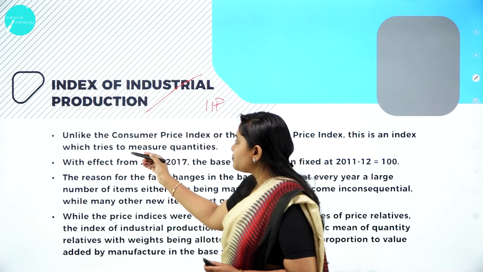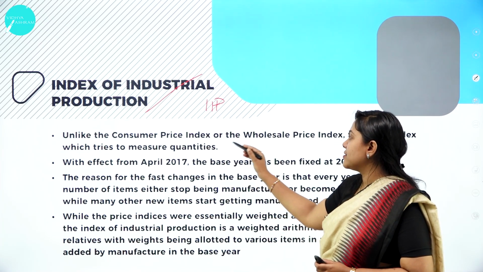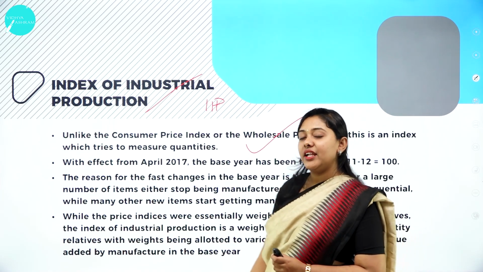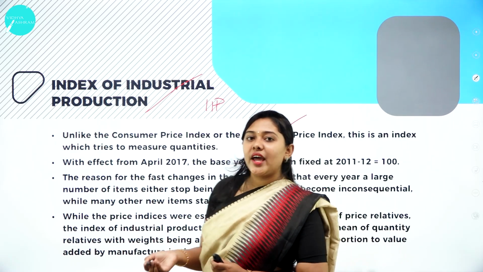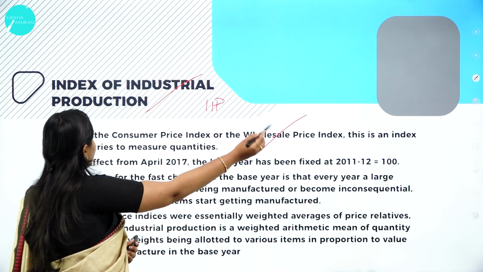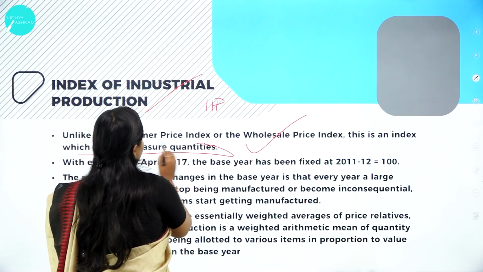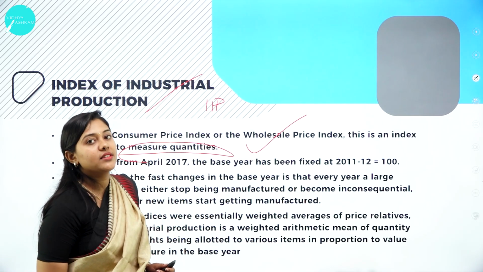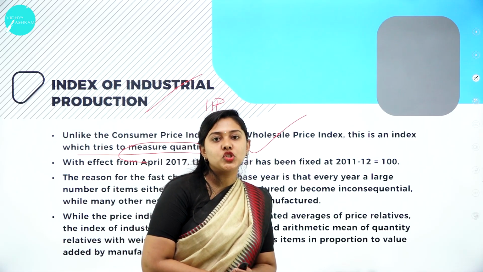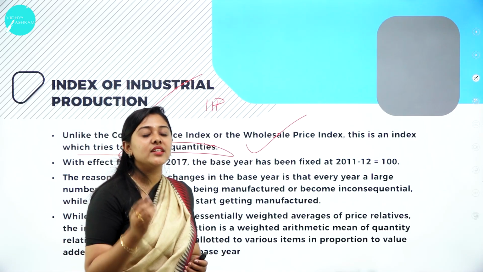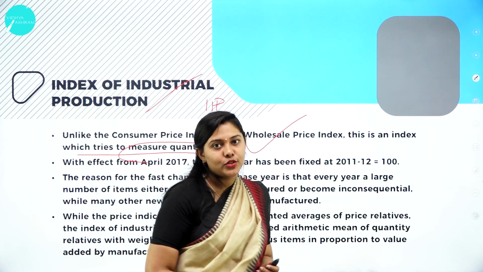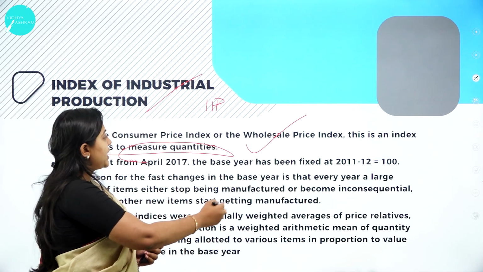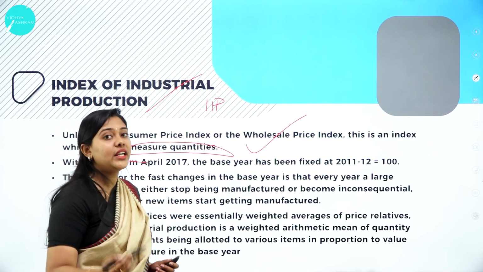Unlike the consumer price index and the wholesale price index, this is an index which tries to measure the quantity. Consumer price index measures the price and the cost of living of a consumer. But here it measures the quantity.